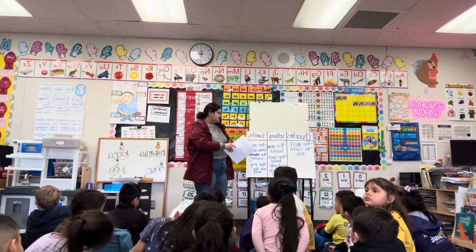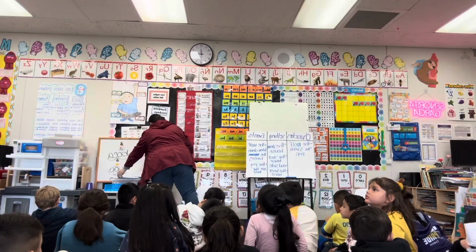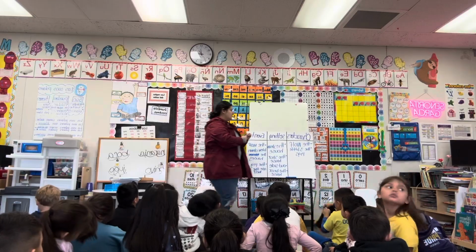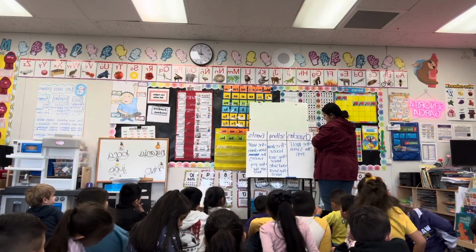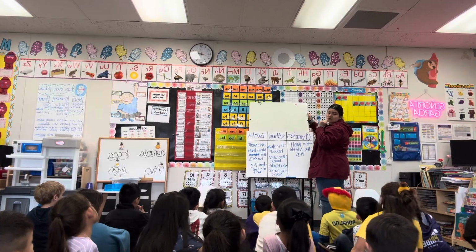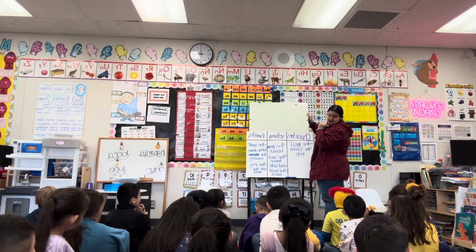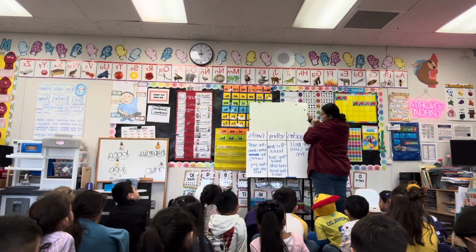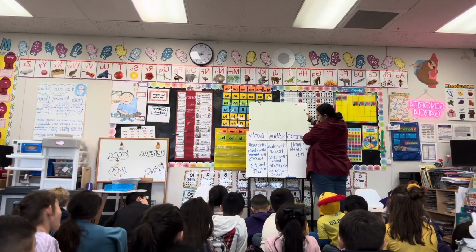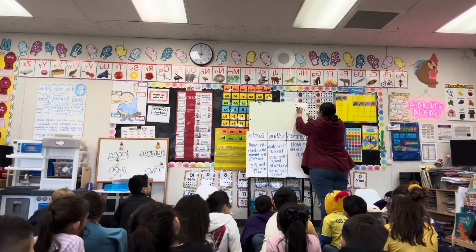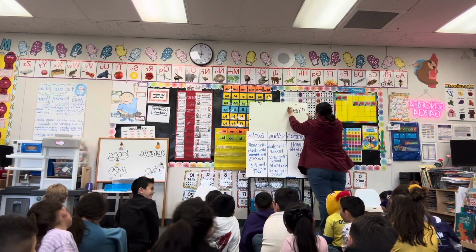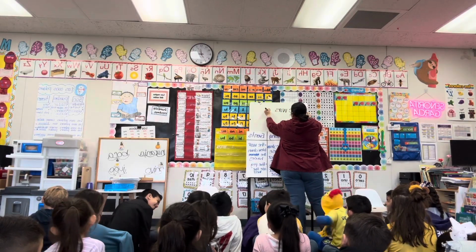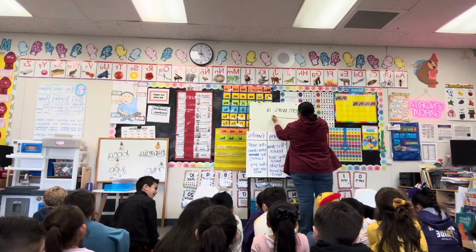So, for sentences, maybe we can write, there was a, and then you can fill in the blank with whichever character you want.